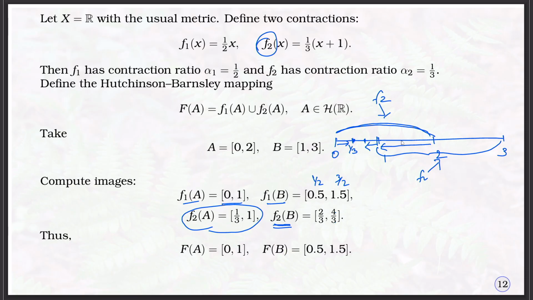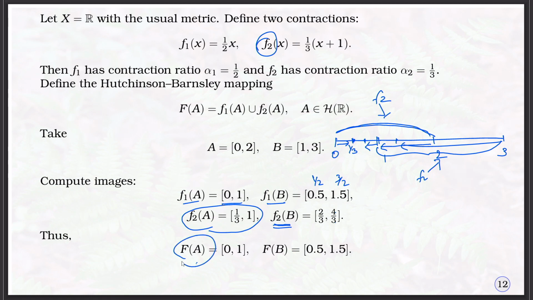So, 4 by 3 is approximately here. So, it is shifting to both sides. Now, this is f1 of A and f1 of B. This is f2 of A and f2 of B.